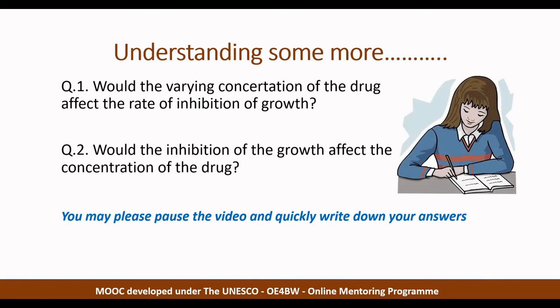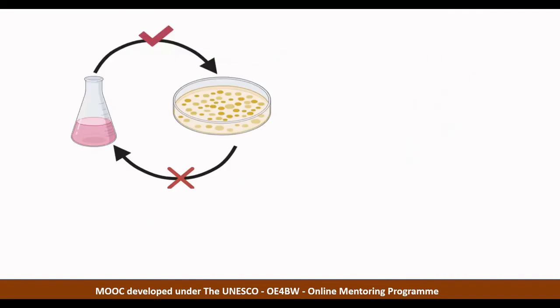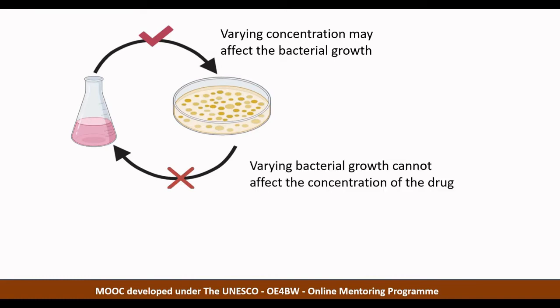Thank you. Many of you may have given the answer to question 1 as yes and answer to question 2 as no. This is correct because the rate of inhibition can be manipulated by the varying concentration of the drug, but the concentration of the drug cannot be manipulated by the inhibition rate.